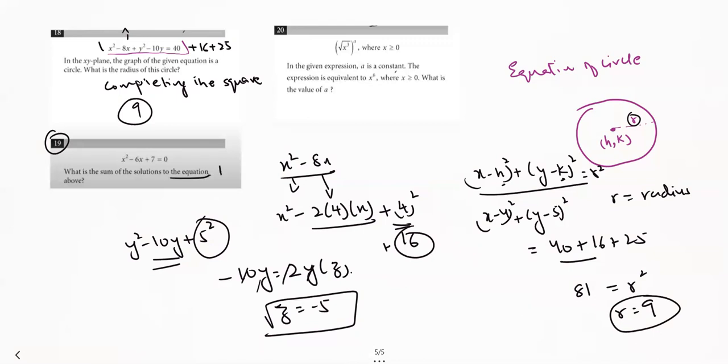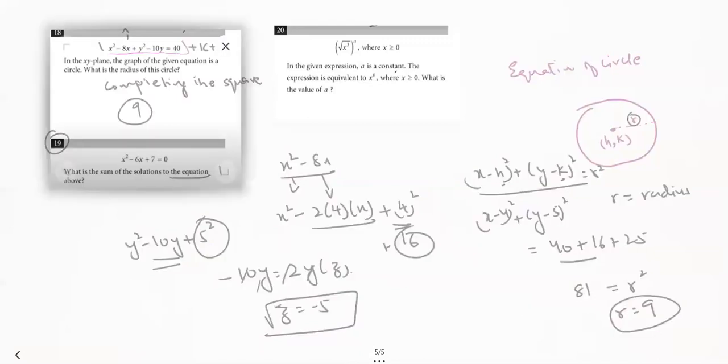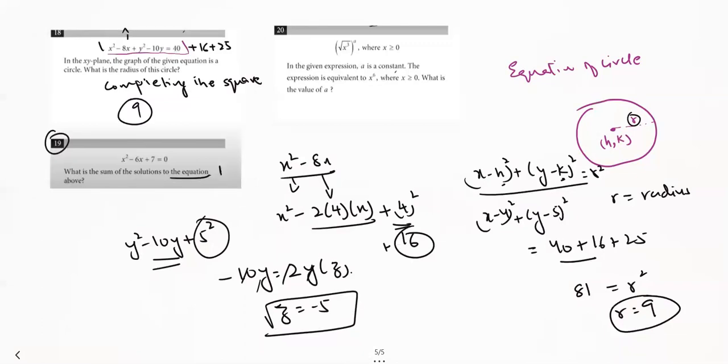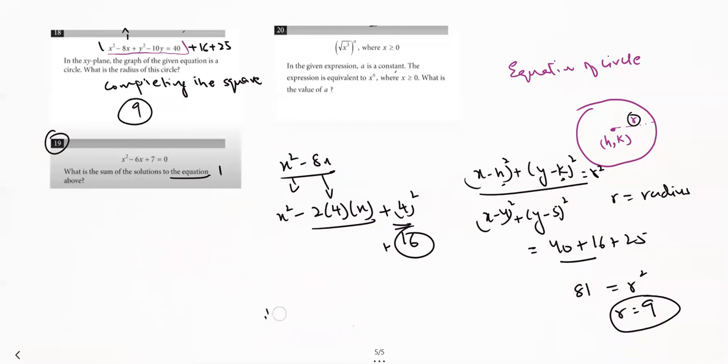You can solve it using this method, but instead of solving it all over again, we can use a shortcut. Whenever they ask you for the sum of the roots of the equation, it is always equivalent to what? Minus b over a.